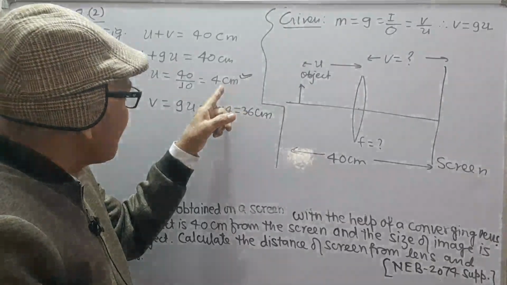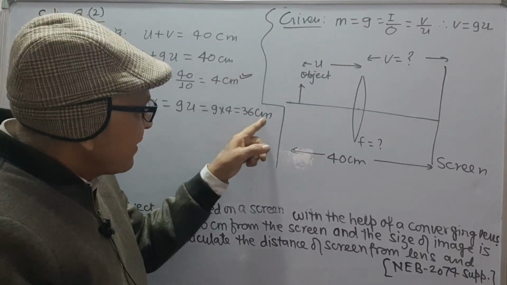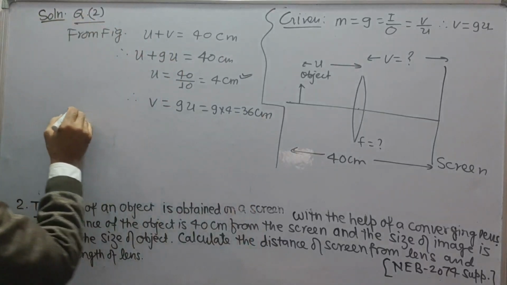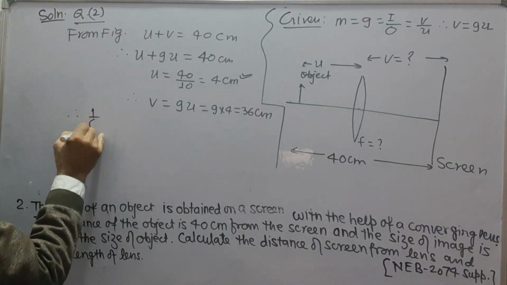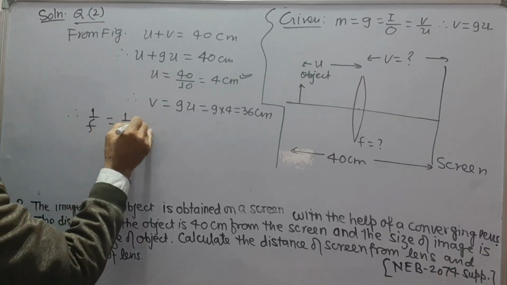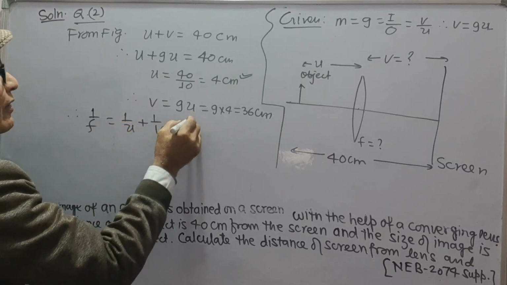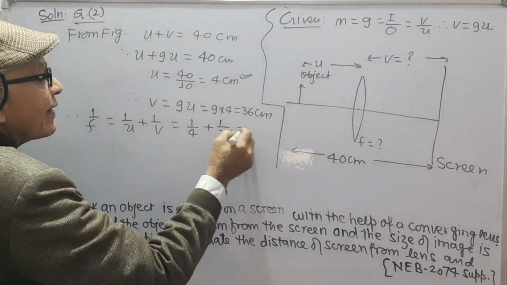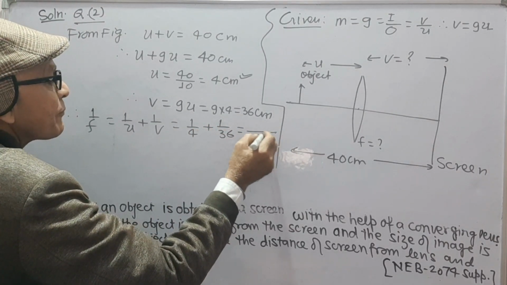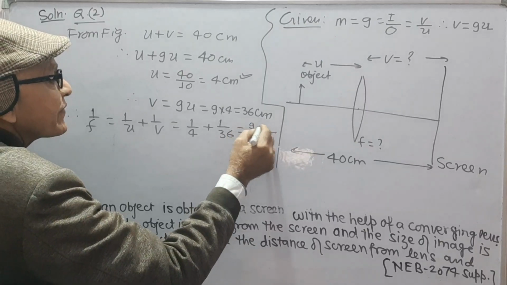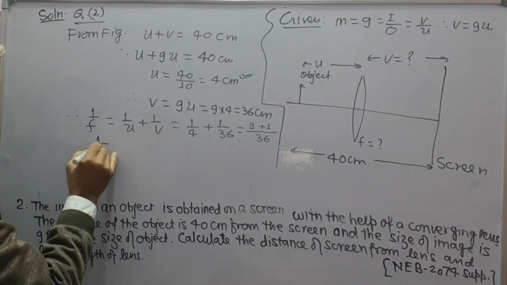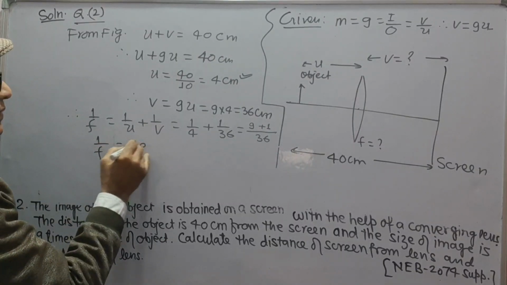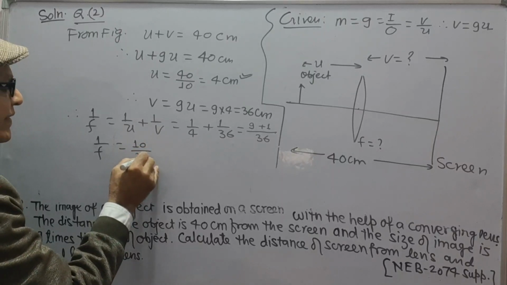So, u will be 4 cm and v will be 36 cm. Therefore, 1 upon f is equal to 1 upon u plus 1 upon v, which gives 1 upon 4 plus 1 upon 36. LCM is 36, so 9 plus 1. 1 upon f is equal to 10 upon 36.